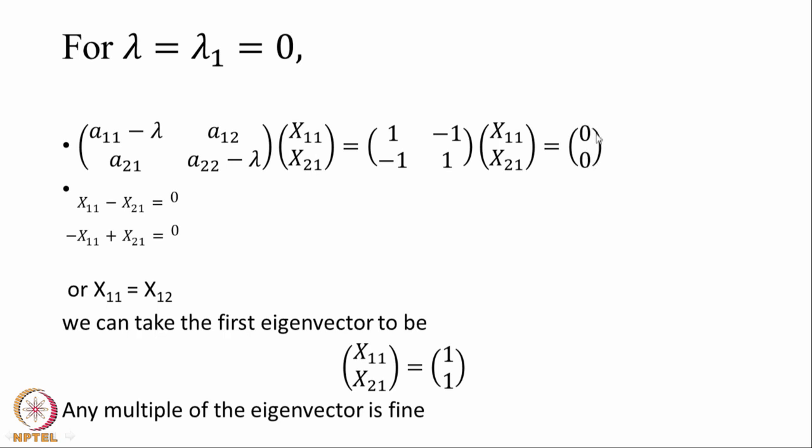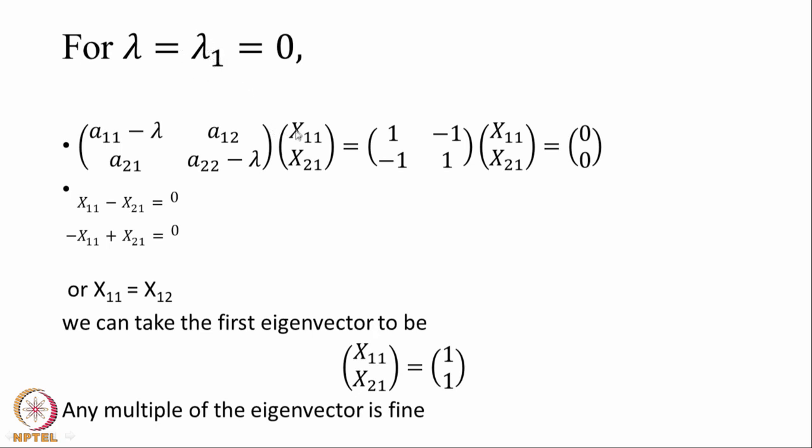This is my product, 0 and 0, because this is a matrix A, it operates on a column vector. So I will get a new column vector. What is my new column vector? This is a 0 column vector. Now there is one special change I have made here. Earlier I had x1 and x2. Now why do I have x11 and x21? Because there will be two eigenvalues, lambda 1 and lambda 2.